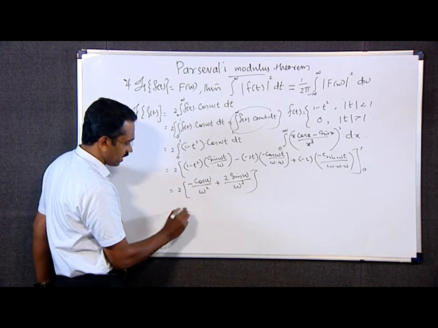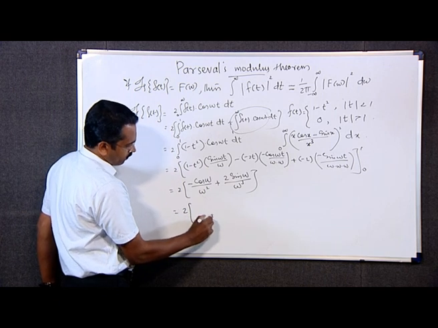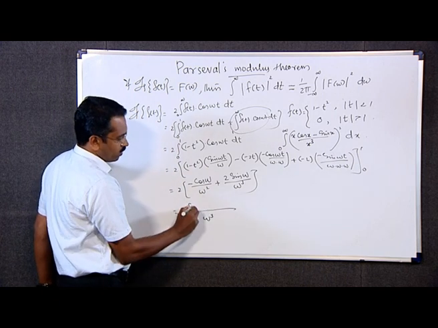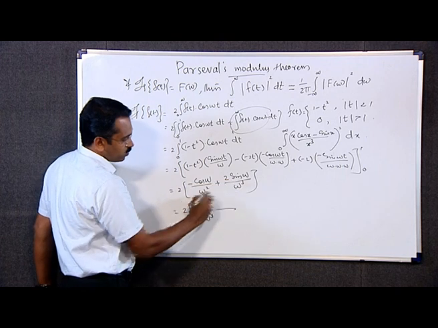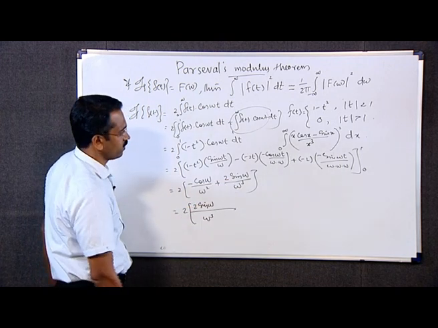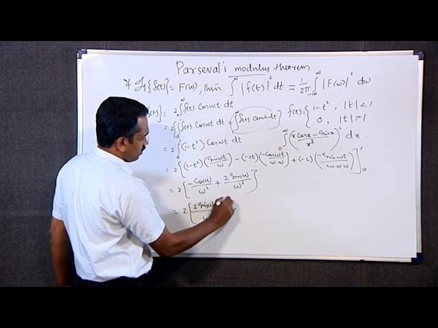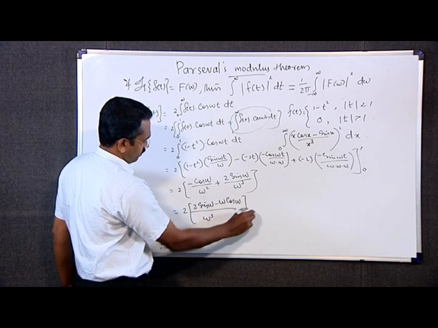We can write this as 2 into, omega, here 2 sin omega minus omega cos omega.